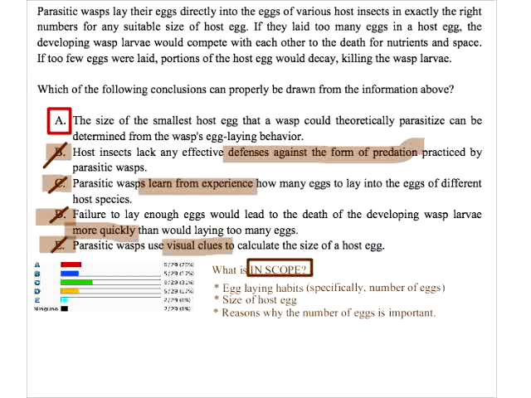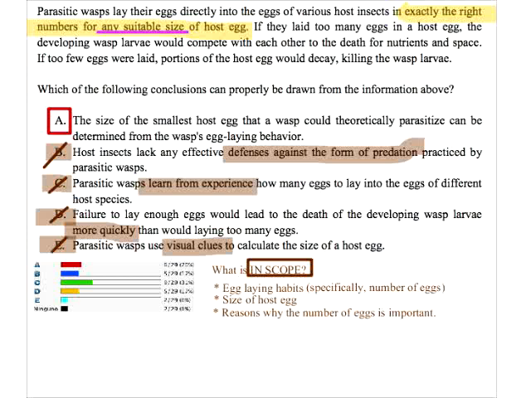Well, it's exactly the right numbers for any suitable size of host egg. So that means that there is some smallest egg. Because there's going to be some size of egg where your suitable number is 1. And then below that number, your suitable number is going to be 0 eggs, and that means it's too small.